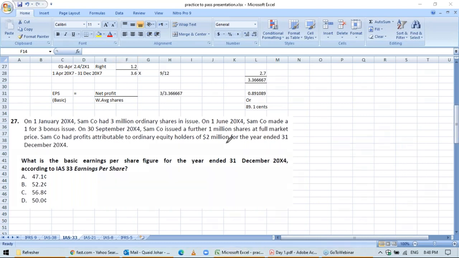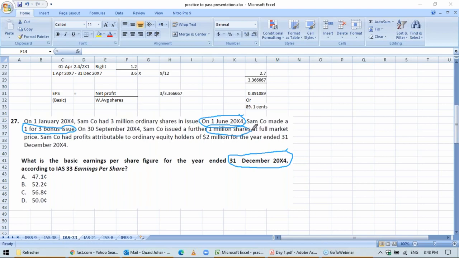So let's see what the question says: the company issued a 1 for 3 bonus issue on 1st of June 2004, and the year end is 31st December. So they issued the bonus shares after 6 months, and then they issued 1 million ordinary shares at full market price.